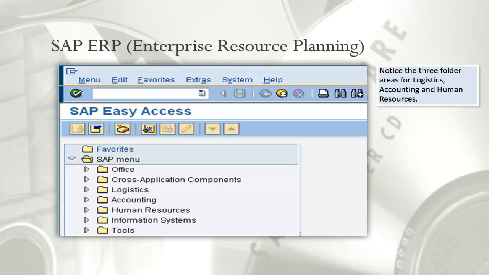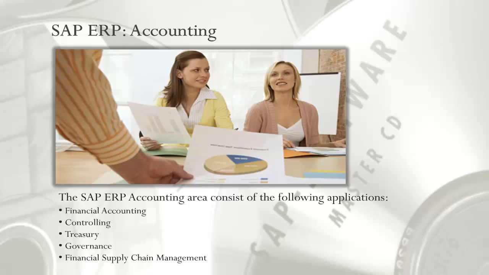This portion of the course will cover three primary application areas that would take place in almost any SAP implementation. These are accounting, logistics, and human resources. The first key area of the SAP ERP component we're going to discuss is the SAP ERP accounting application.